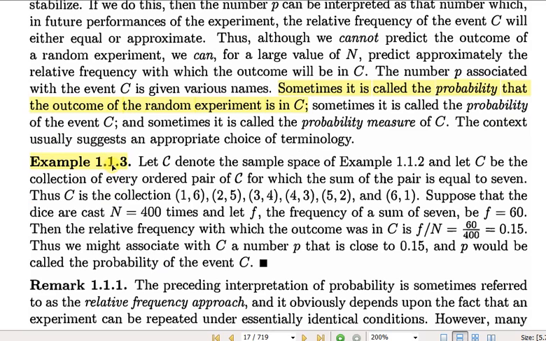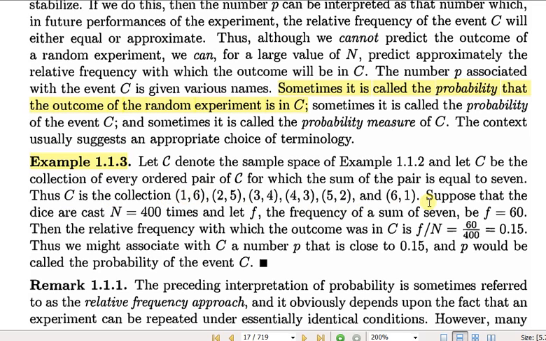Example 1.1.3. Let C denote the sample space of example 1.1.2, and let C be the collection of every ordered pair of C for which the sum of the pair is equal to 7. That C is the collection.